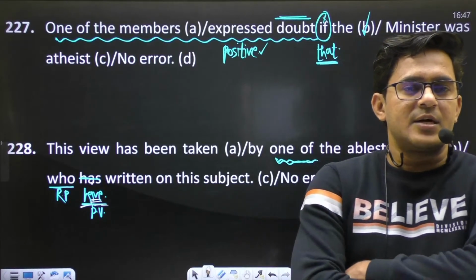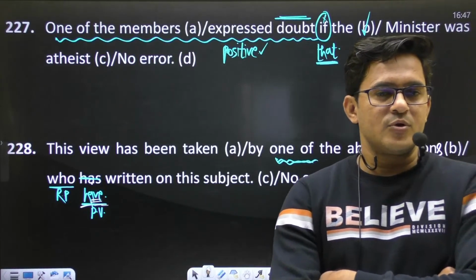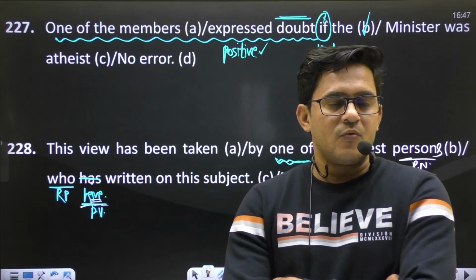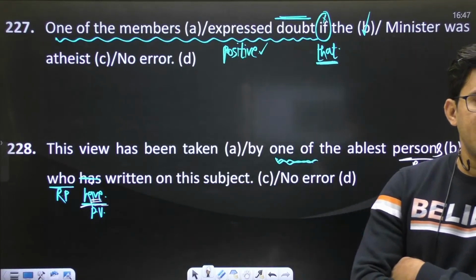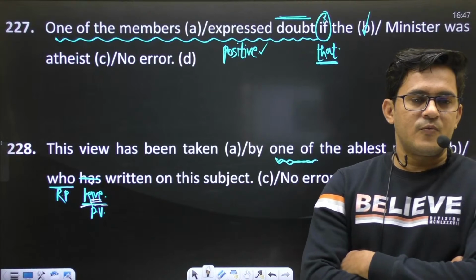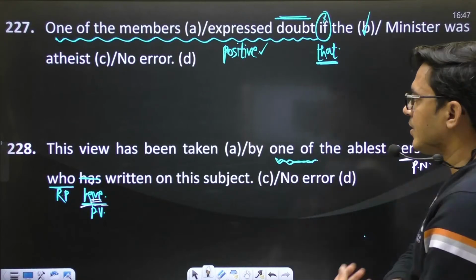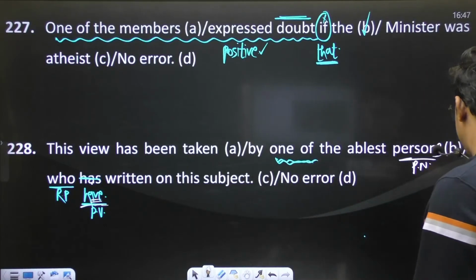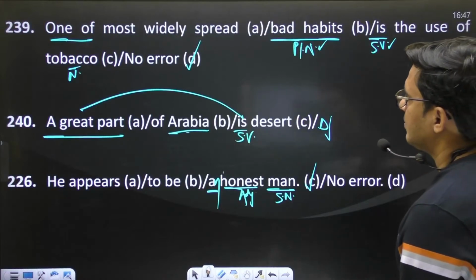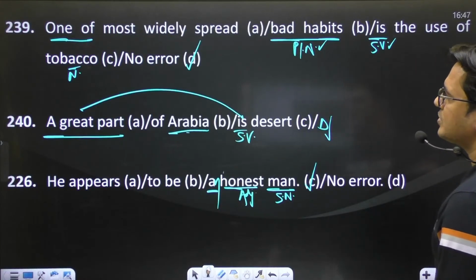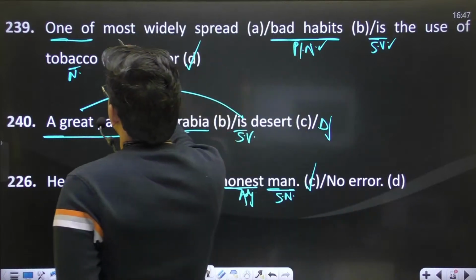Should we consider it an error where one of the most is given rather than one of the most? One of most. Here the word most is an adverb, dear.